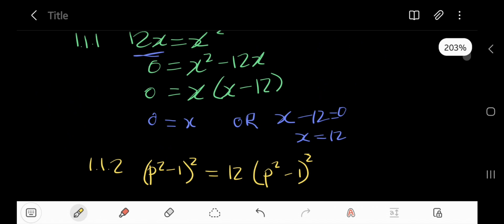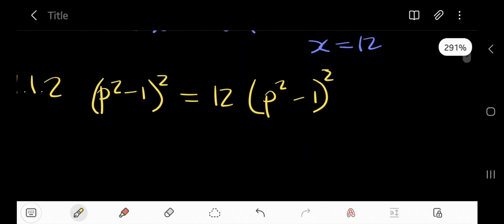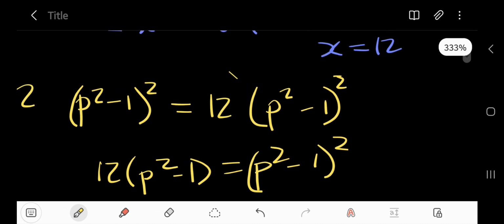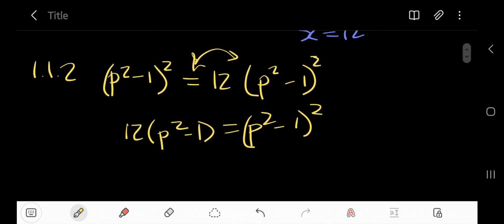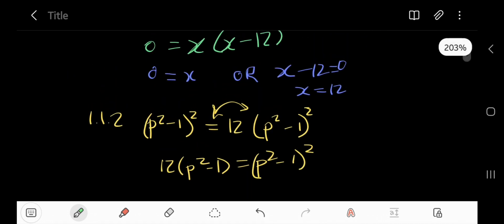If we compare to the previous question, look at this, guys. Let me write it like this: 12 times p squared minus 1 is equal to p squared minus 1 all squared. I just swapped this and that. If you look at this, it looks exactly like what we had in the beginning.